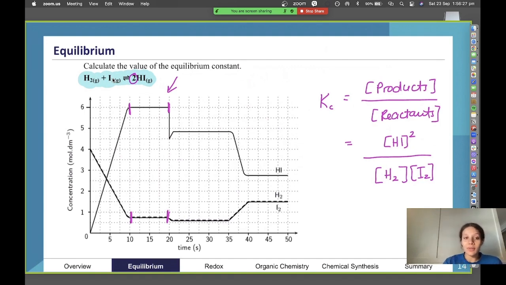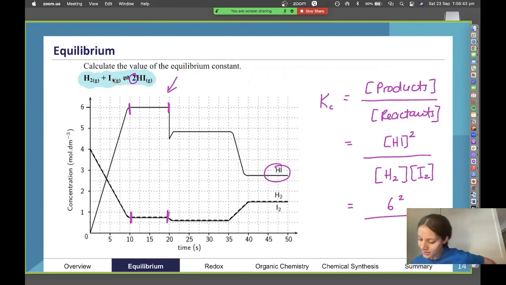Now that we've got that, we can sub in our values for concentration from that section of the graph. For HI, which is this line here, we have a value of 6. We put 6 squared over, and then both of these are at, I'd say, 0.75. So that's 0.75 times 0.75.